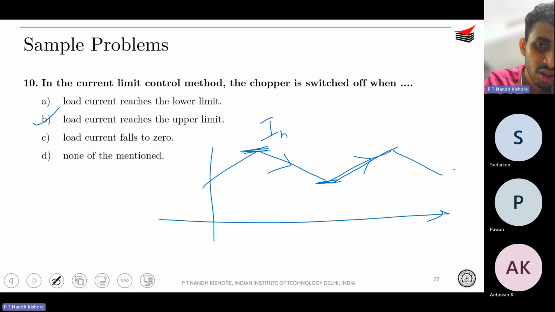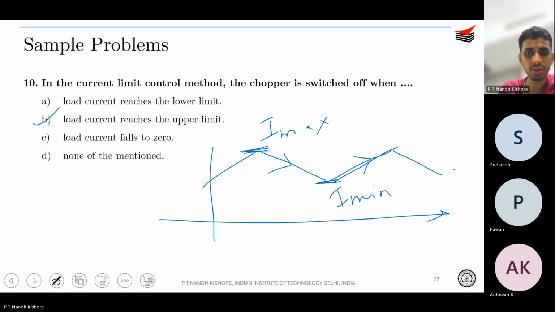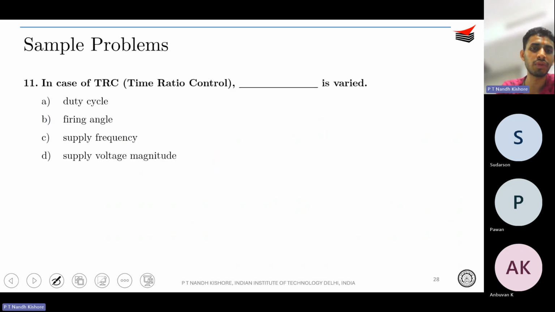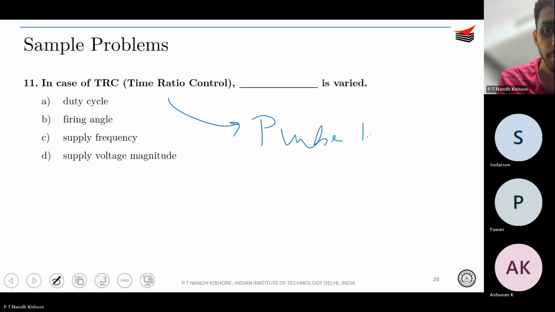This is I max. This is I min. In case of TRC, time ratio control, what is varied? Duty cycle, firing angle, supply frequency, supply voltage magnitude. Time ratio control is another name for pulse width modulation.